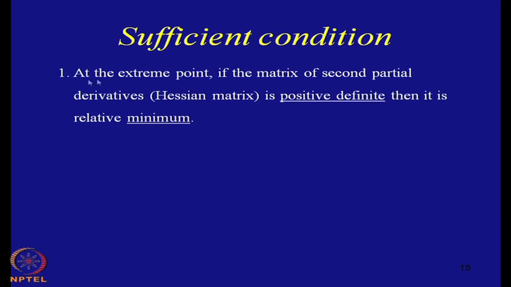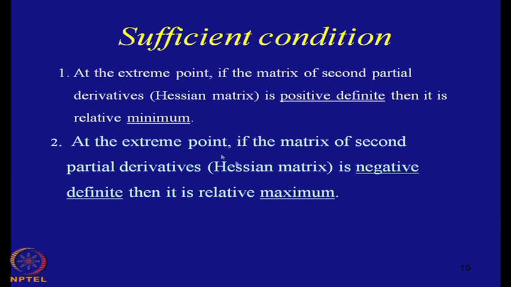At the relative minimum point, the matrix of second order partial derivatives, that is the Hessian matrix, is positive definite, rather the corresponding quadratic form is greater than 0. Similarly, at the relative maximum point, the Hessian matrix is negative definite, rather the quadratic form is lesser than 0.